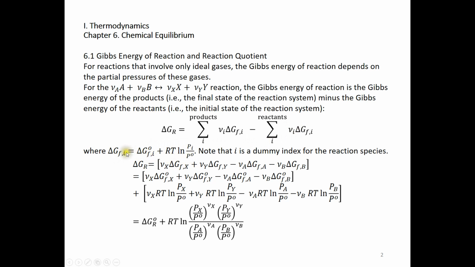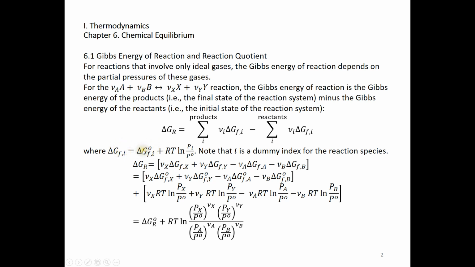So for species I, the Gibbs energy of formation is equal to the standard Gibbs energy of formation plus a correction term. Over here, we take the actual pressure of species I into account. So over here, we can see this is just the general Gibbs energy of formation.